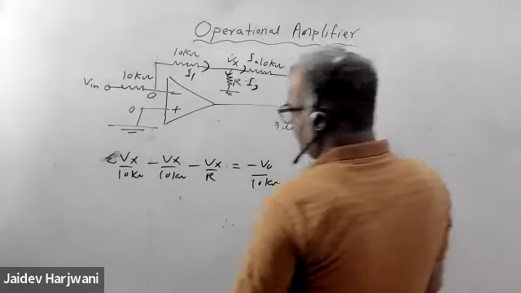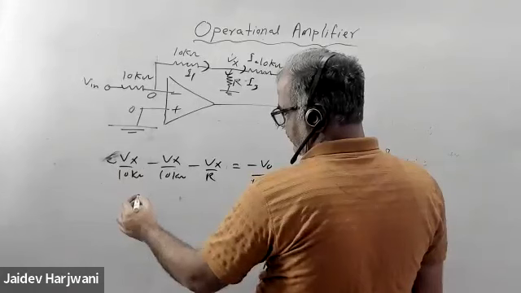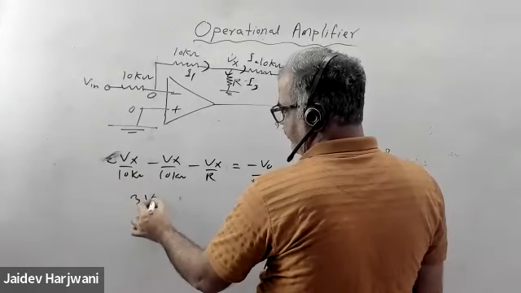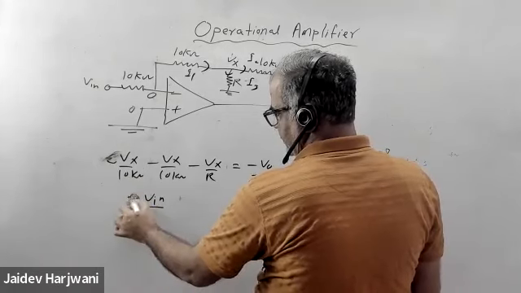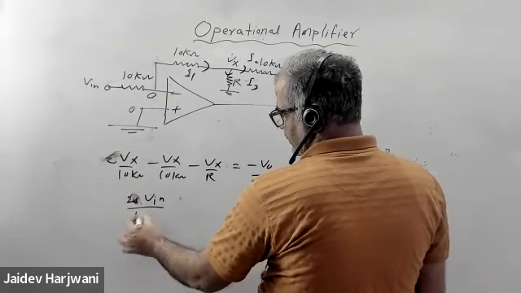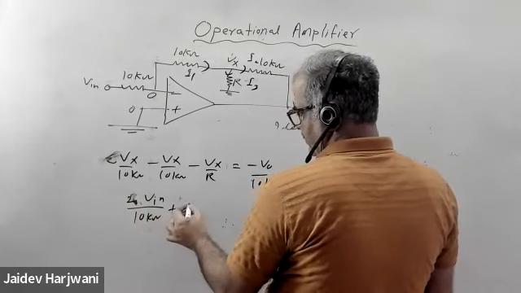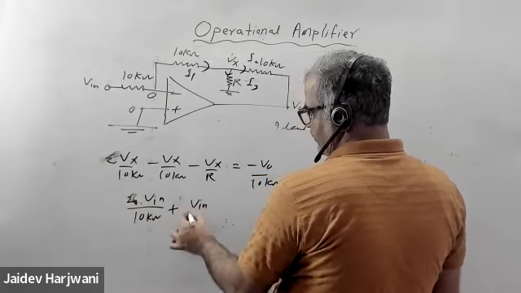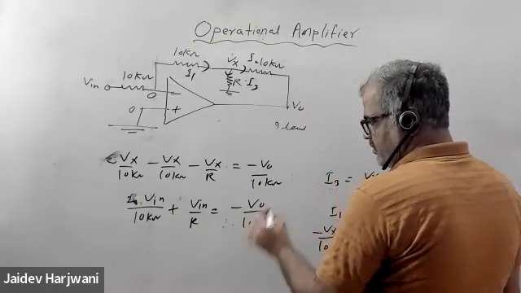Now Vx is equal to what? V input minus minus V input, so this becomes 2V input upon 10 kilo ohm. Similarly, this becomes V input upon R equals minus V0 upon 10 kilo ohm.